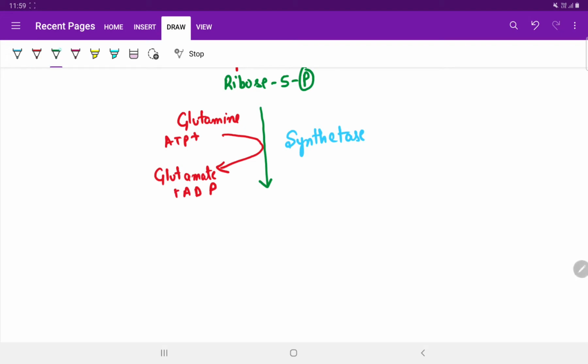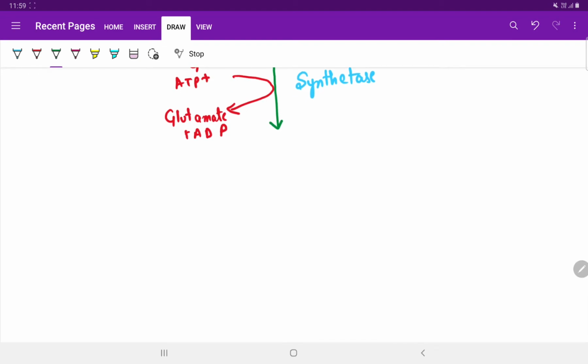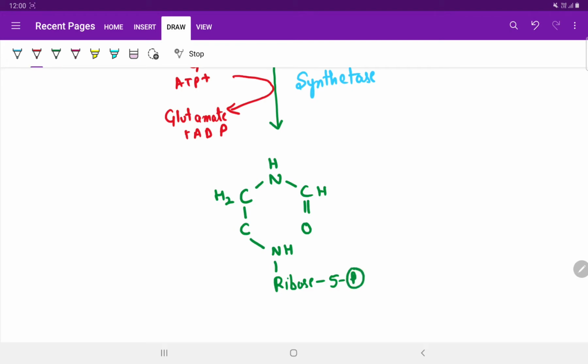So now let us see what the changes are. The rest of the structure will be represented by the green color only, whereas the changes will be represented by the red color here. So this was the previous structure up to the ribose 5-phosphate, and by the addition of glutamine an extra nitrogen will be added on this carbon.